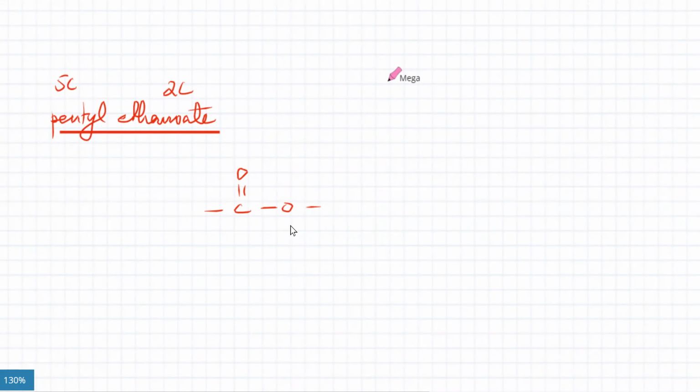So just remember, the side with the single O is the one that should have 5 carbon atoms. How many will be on the other side? There are going to be 2 carbon atoms.